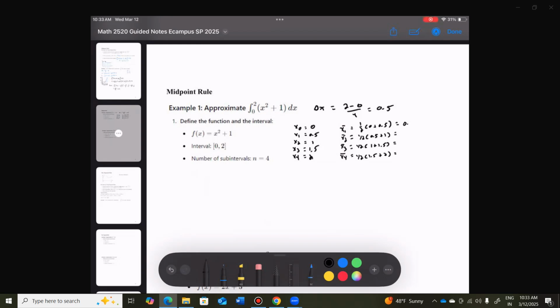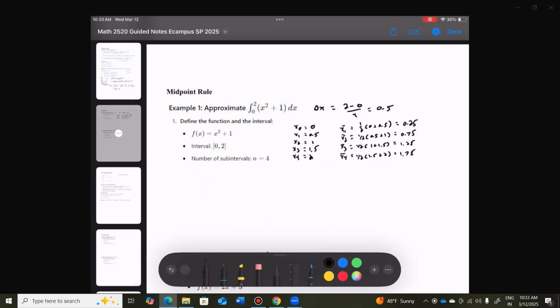So this will be 0.25, this will be 0.75, this will be 1.25, and this will be, I'm adding 1.5 and 2, that's 3.5, I was multiplying. So this will be 1.75. I knew it had to be 1.75, I just didn't know what I was doing wrong in my head. All right. So those are our x sub bars.